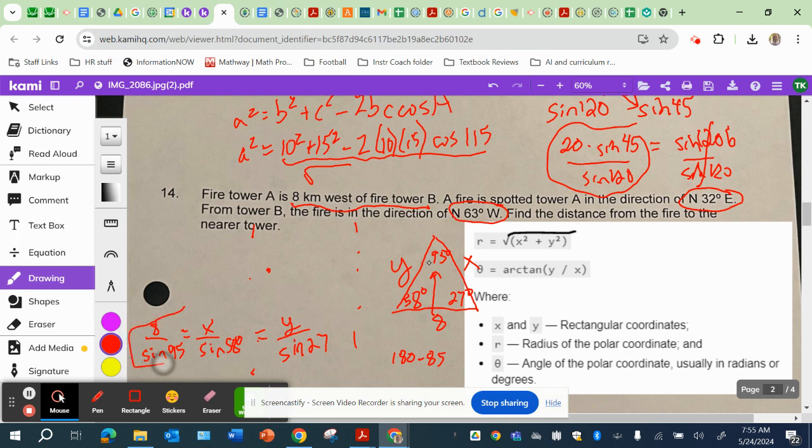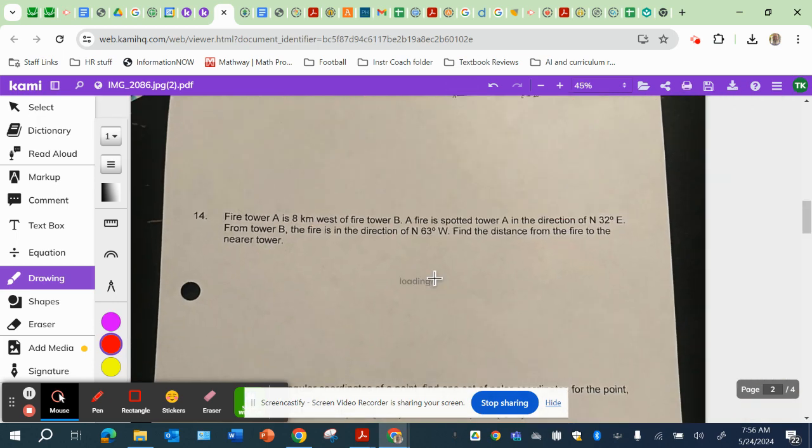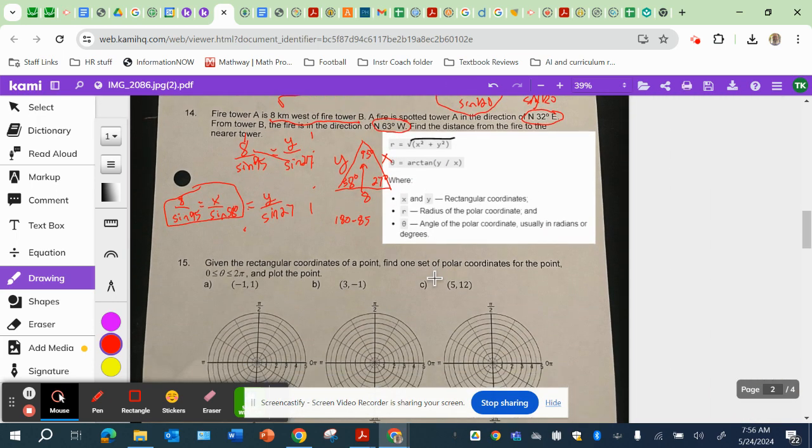If you solve this one first, cross multiply like we did on the other one: 8 times sine of 58 divided by sine 95. Then your second equation, 8 over sine of 95 equals y over sine of 27, so 8 times sine of 27 divided by sine 95. I'll let you solve those. Again, your calculator has got to be in degrees because these are in degrees, not radians.